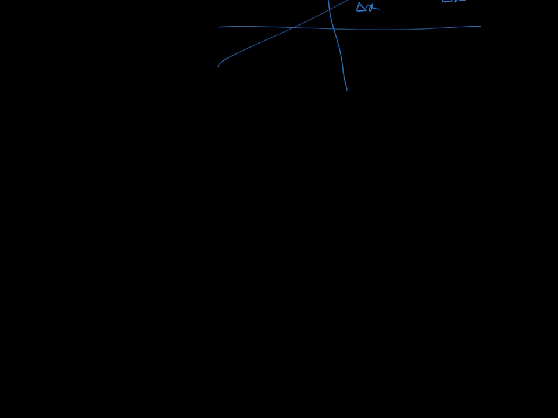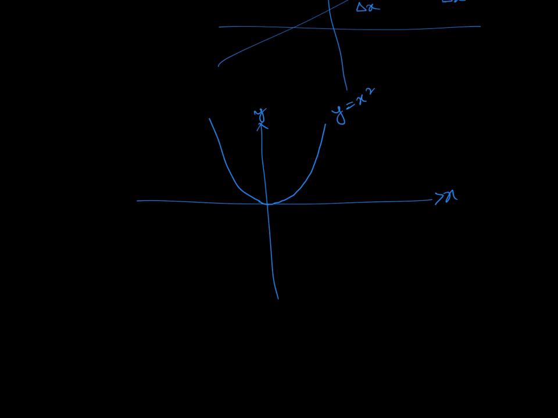We could say that the gradient would be something like this. For example, if I just draw a random graph of y equals x squared, it would look something like this. You could see that the gradient is going to change at every point. For example, when x is at this point, the tangent is something like this, and when x is at this point, the tangent is something like this.